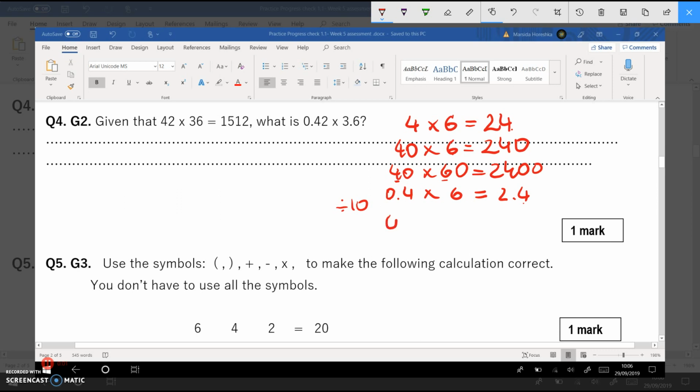Now, if I have 0.4 times 0.6, what I've done to the 4 is I've divided it by 10, and to the 6 I've divided by 10. So twice this has been divided by 10. So to the answer, which was 24, I'll divide twice by 10.